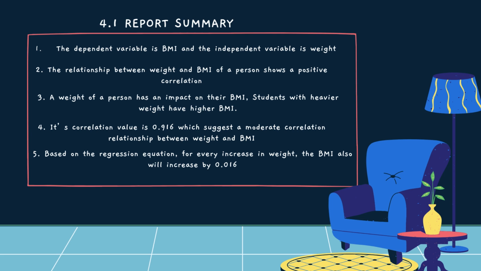Students with heavier weight have higher BMI. Its correlation value is 0.916, which suggests a moderate correlation relationship between weight and BMI. Based on the regression equation, for every increase in weight, the BMI will also increase by 0.016.